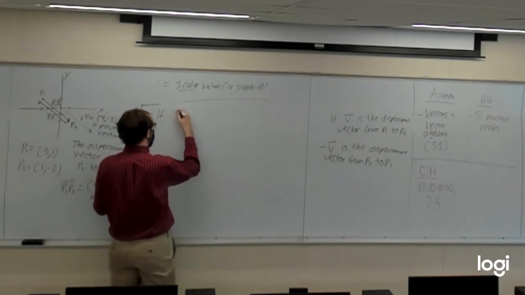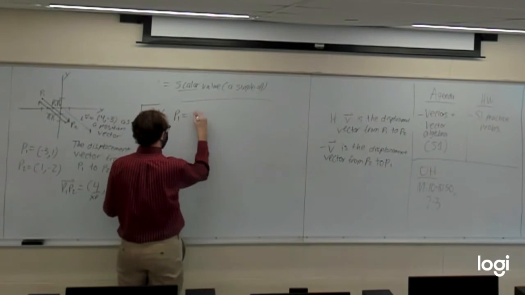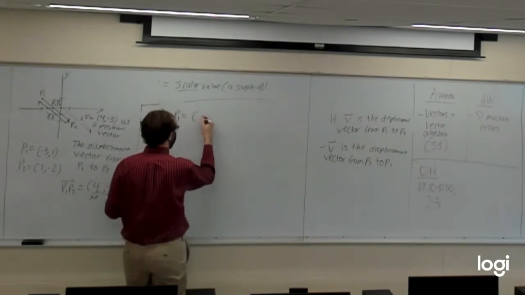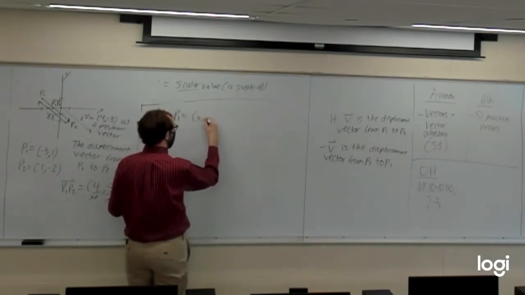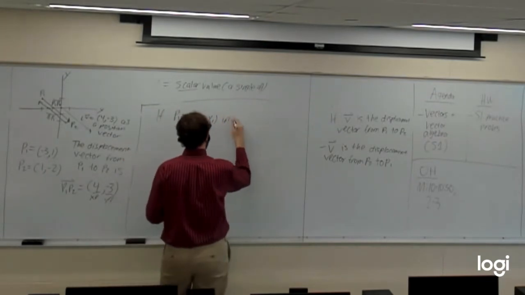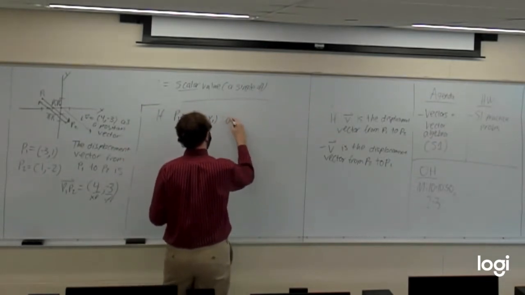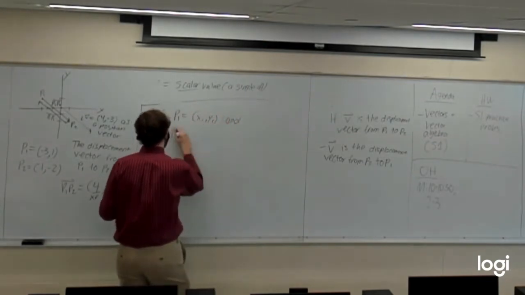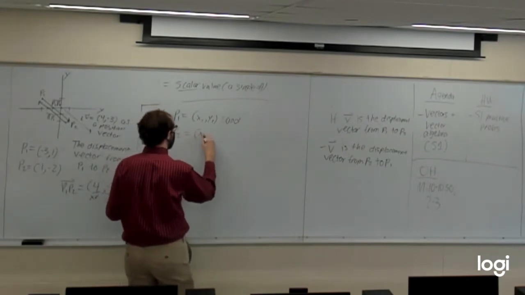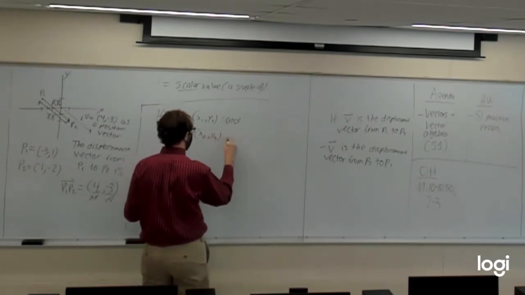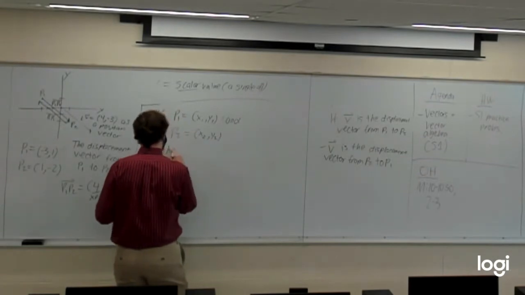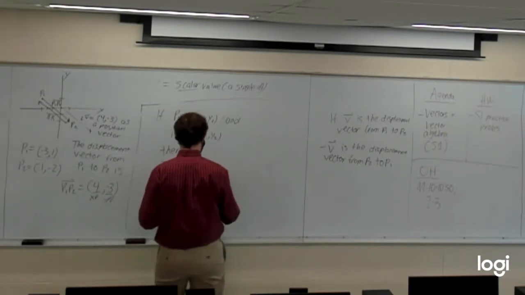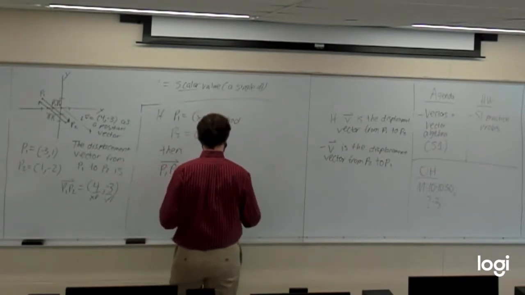Let's say we have a point P1, which is given by x1, y1, and P2 is equal to the point x2, y2. Then what has to be the coordinates of the displacement vector from P1 to P2?